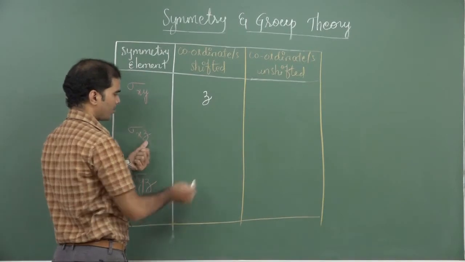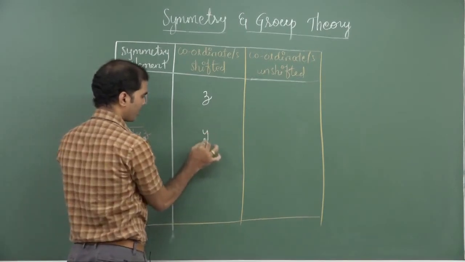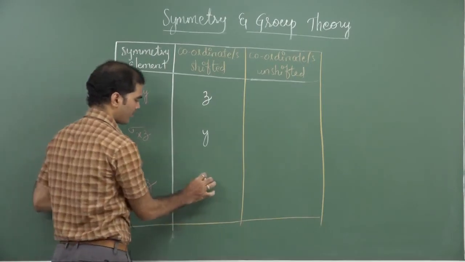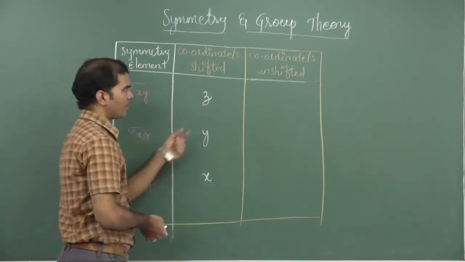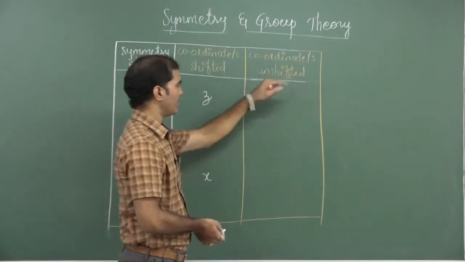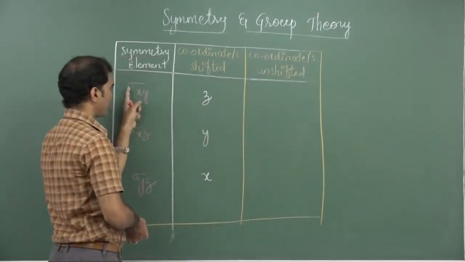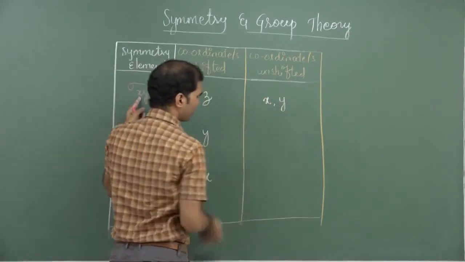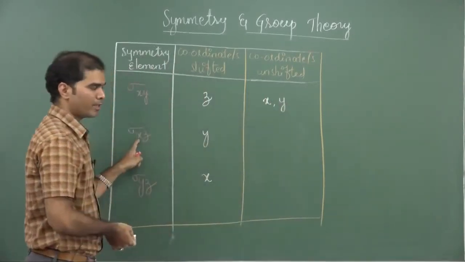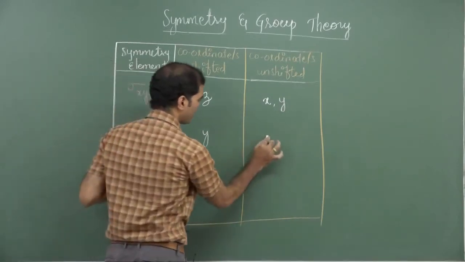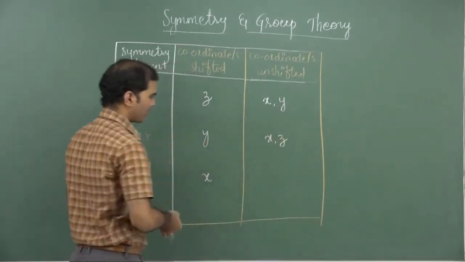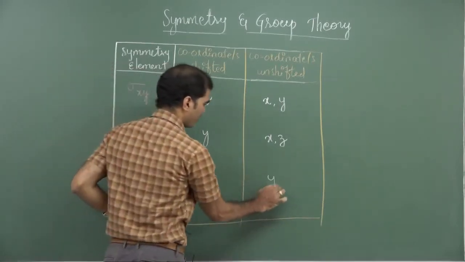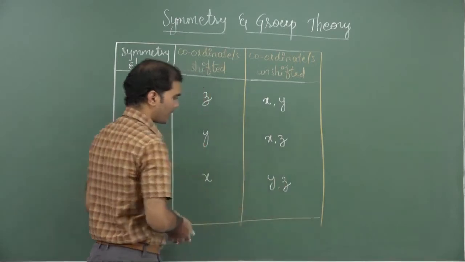This is an xz plane, whatever is absent here will shift. Yz plane, whatever is absent here will shift. And for the unshifted coordinates, in the plane passing through xy, x and y are unshifted. Sigma xz, so x and z will be unshifted. And sigma yz, therefore y and z will be unshifted.